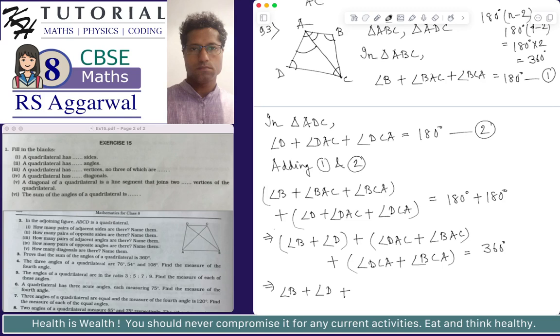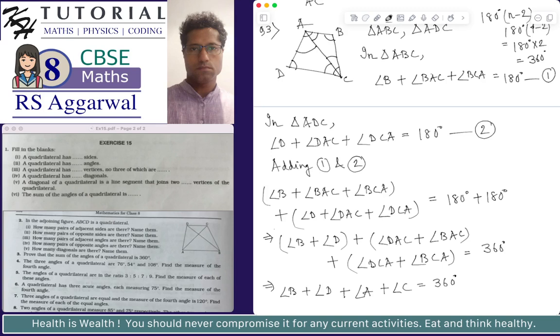If you add these two angles, you can see that it will be angle A. Similarly, angle DCA is this angle, and angle BCA is this angle. If you add them, we get angle C. So we get angle A plus angle B plus angle C plus angle D is equal to 360 degrees.